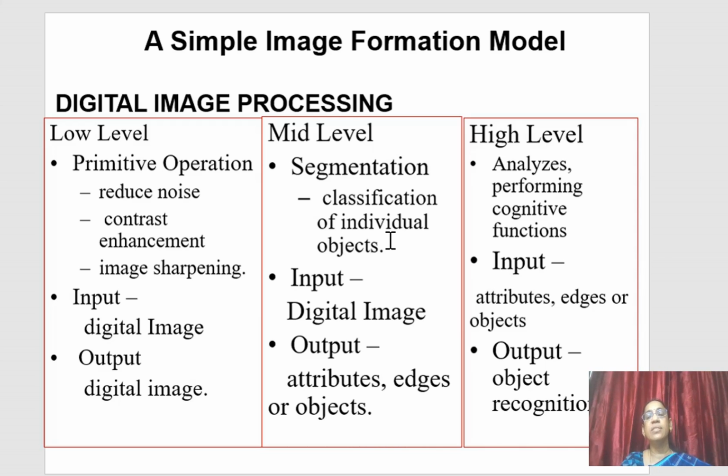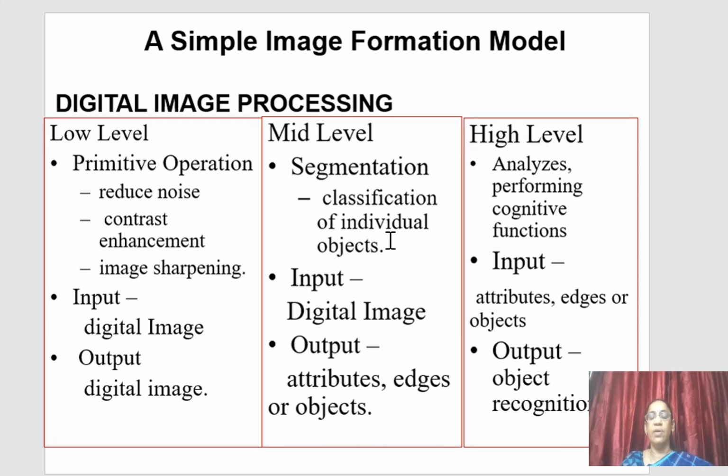The next level is the high level. The input of this high level processing is the output of the middle level. After getting that output of the middle level, we analyze this input, recognize what things we need, analyze the data of the image and give the output according to the application.